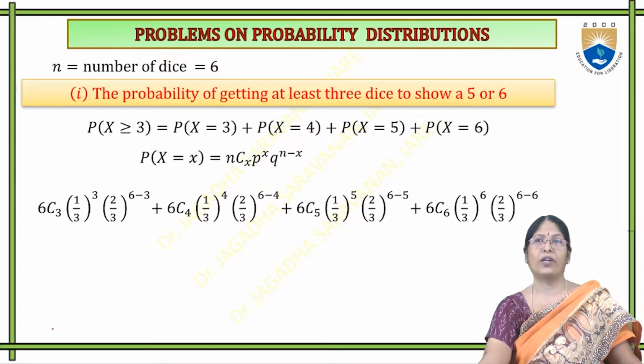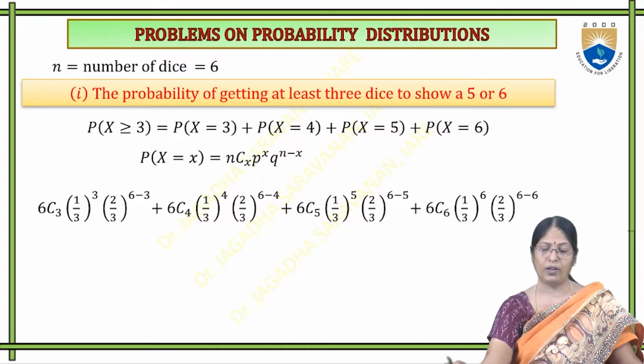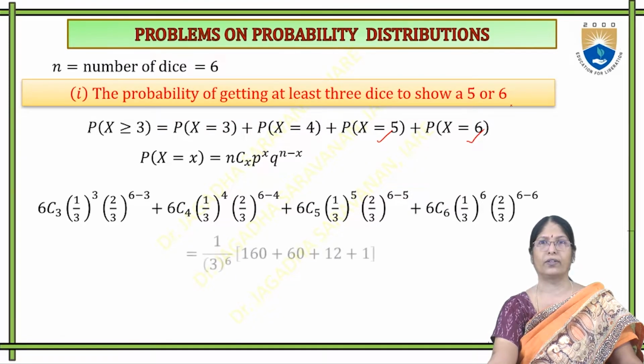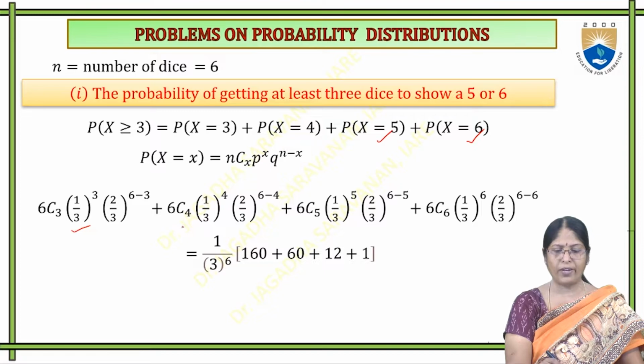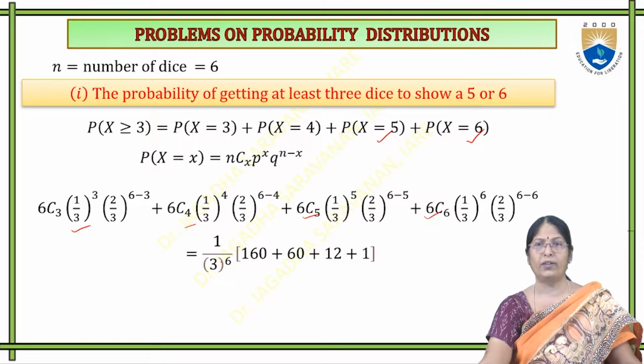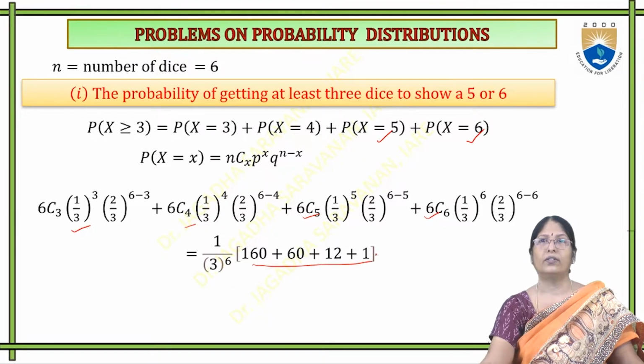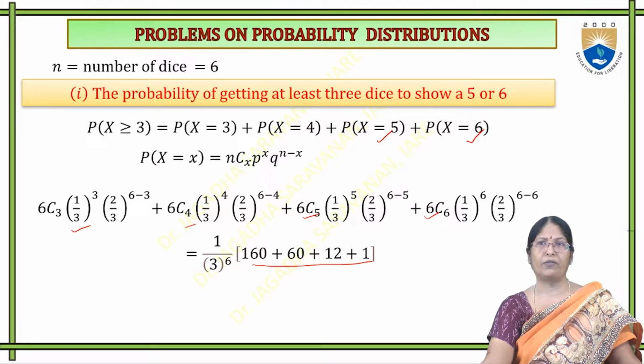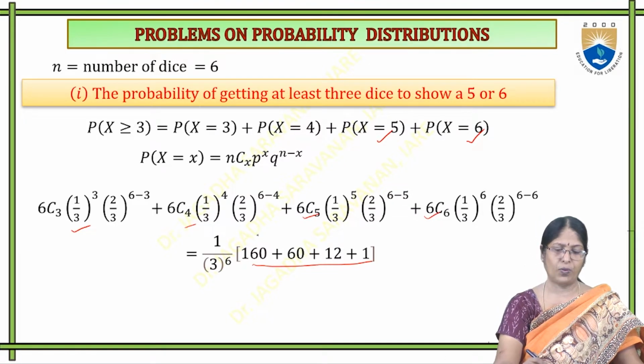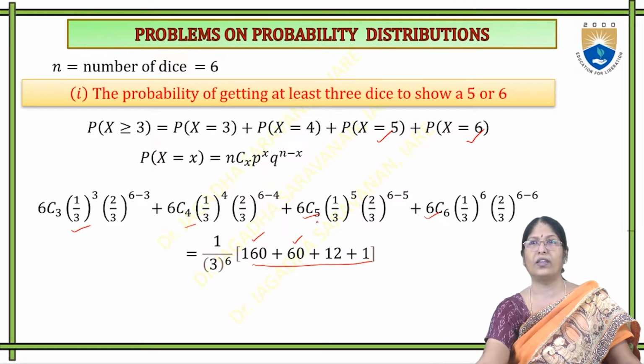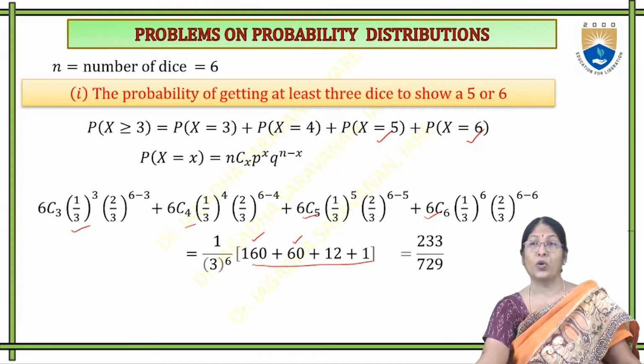In a similar manner we can do the treatment for x equal to 5 and x equal to 6. So totally we are finding all the 4 terms; 1 by 3 power 6 is common. The leftover terms we can find easily using the calculator. The first one is 160, second one 60, then 12, and the last one the value is 1. We got 233 divided by 729.